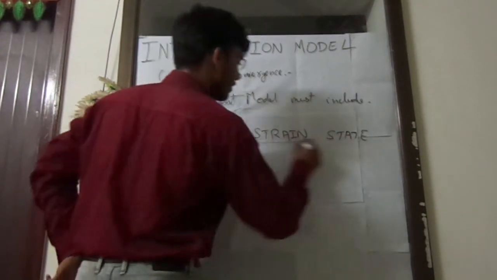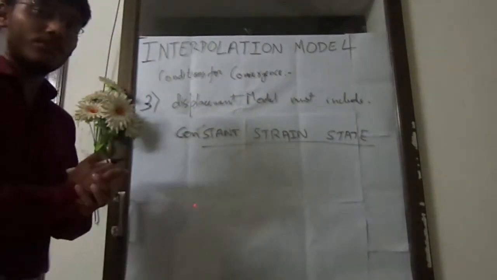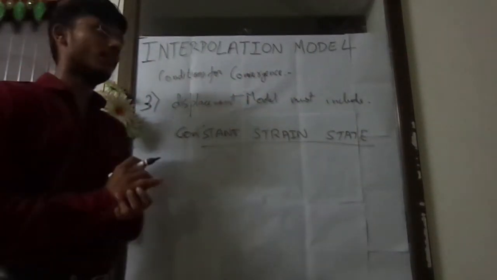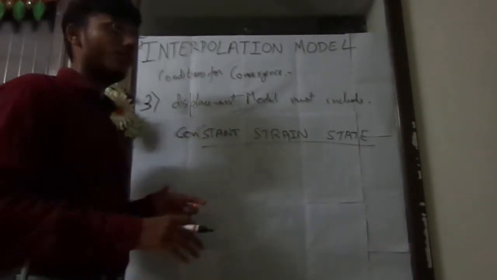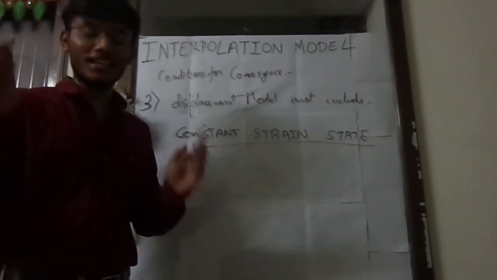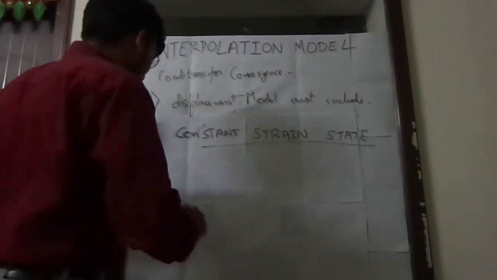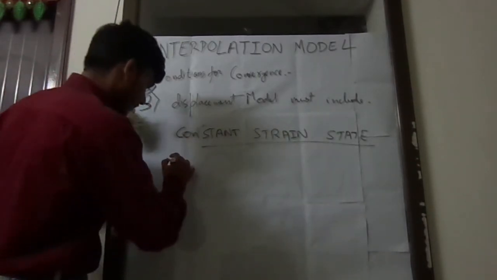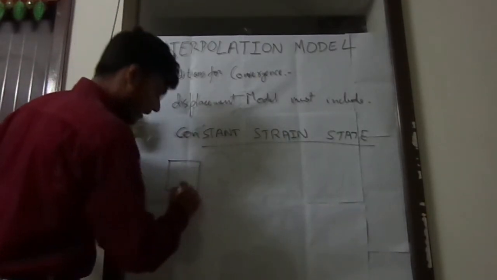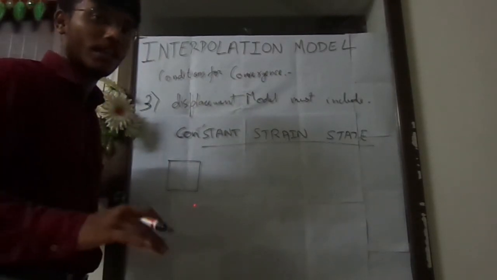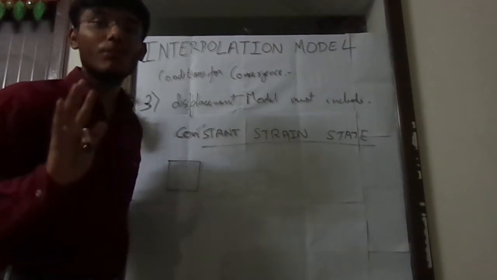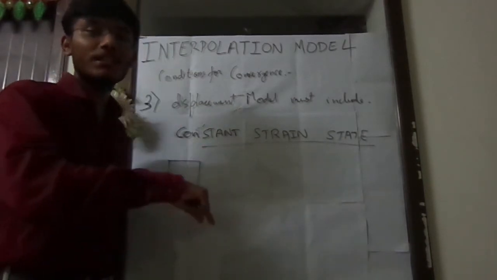Now what is constant strain state? Again I will tell you the definition. There should exist a combination of generalized coordinates, and the strain at each point has to be constant. At every point it has to be constant, just as the displacement in the second condition.